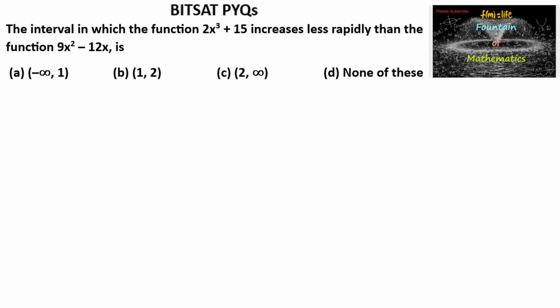We need to find the interval in which the function 2x power 3 plus 15, let us consider to be f of x, increases less rapidly than the function 9x square minus 12x, that let us consider g of x. So f of x is equal to 2x power 3 plus 15 and g of x is equal to 9x square minus 12x.